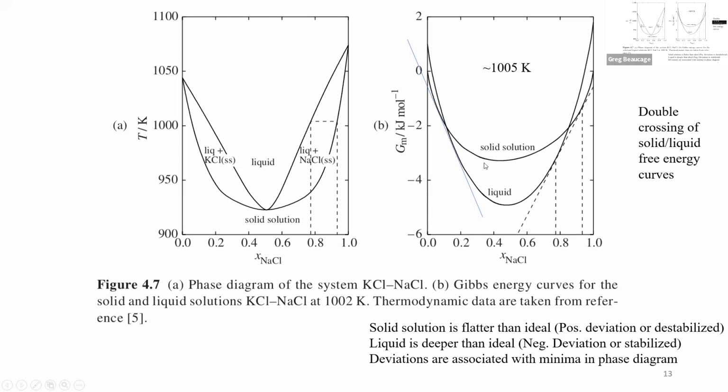So it's flat, and you make the liquid a little bit steeper, and then instead of one crossing point, you have two. So you end up with two of these biphasic regions, and you end up with a congruent melting, where congruent means that the composition of the liquid is the same as the composition of the solid. So it melts or crystallizes at the same composition.